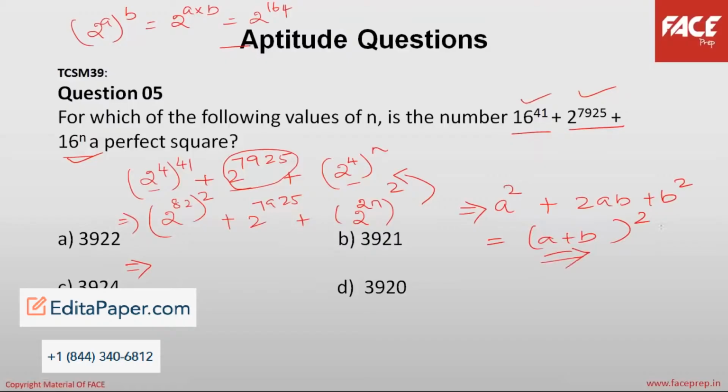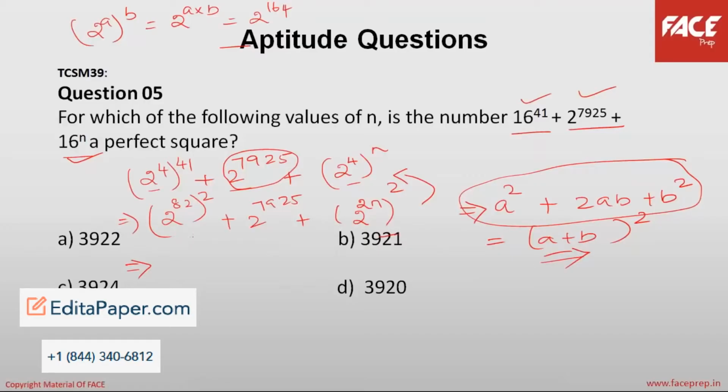Correct? A plus b the whole square is a perfect square, right? Yes, for sure. So when I get the format of this question as a square plus 2ab plus b square, then I can easily find the value of b, because it is definitely going to be a perfect square. Any equation which has a square plus 2ab plus b square is definitely going to be a perfect square. Correct? Rather than taking random values and assuming, I think this is going to be the best method.